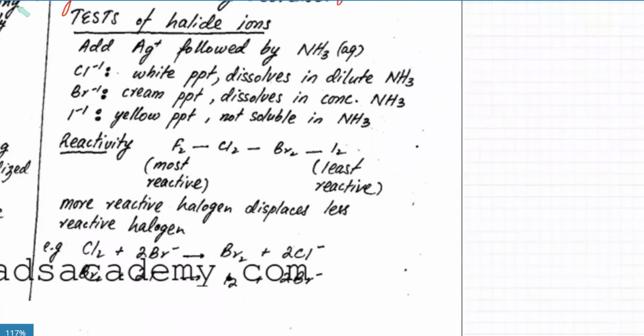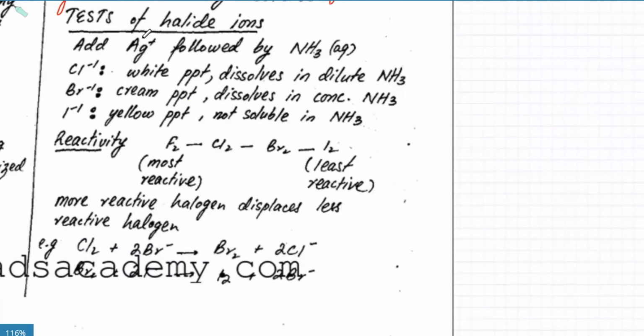Then there's testing. You have to remember that if a solution contains Cl-1, it's the O-level test: you add silver ions, followed by aqueous ammonia. So Cl-1 gives a white precipitate, Br-1 gives a cream precipitate, and I-1 gives a yellow precipitate. What is this precipitate? The Ag+ that you added reacts with Cl-1 to form AgCl solid, which is insoluble.